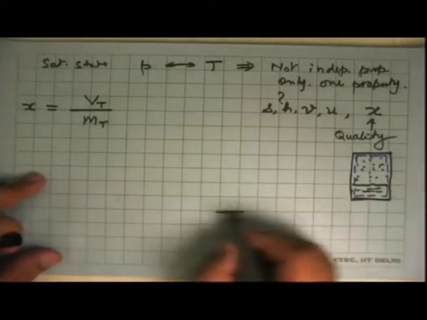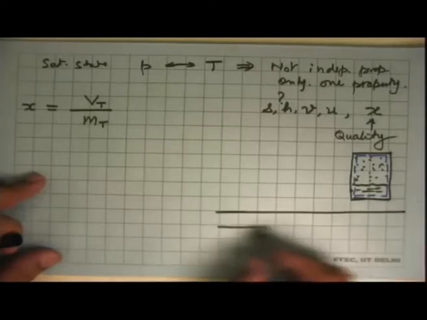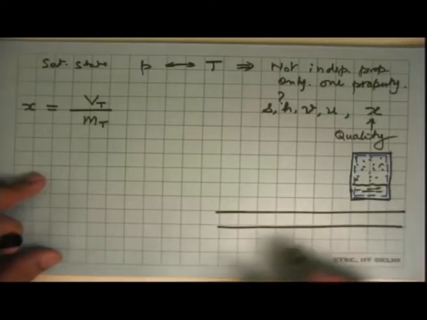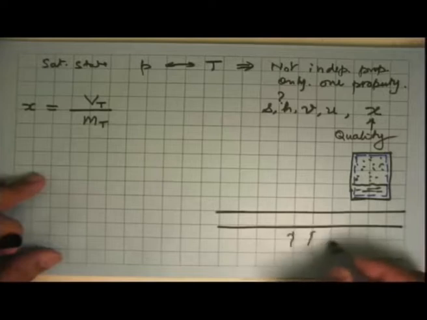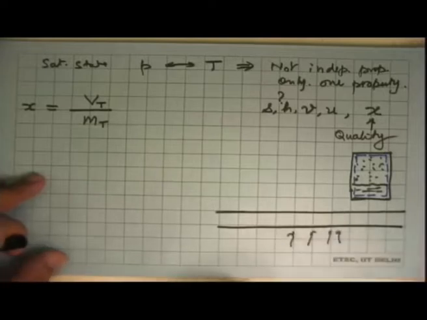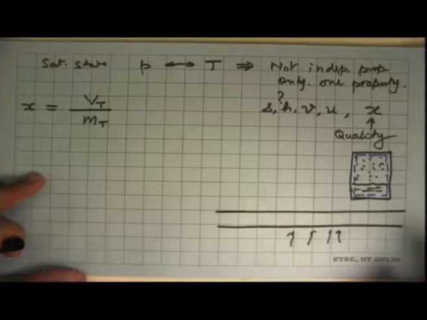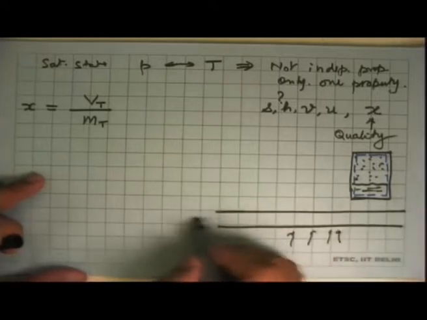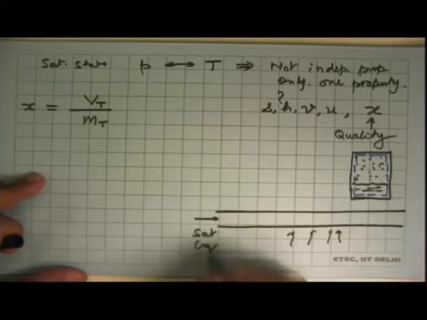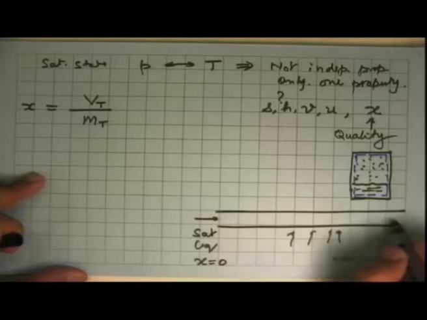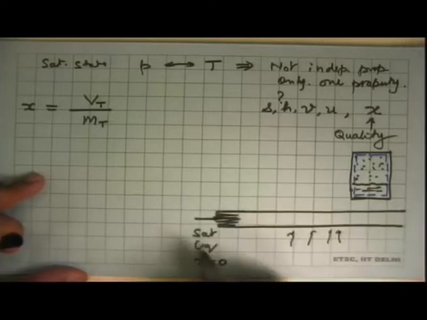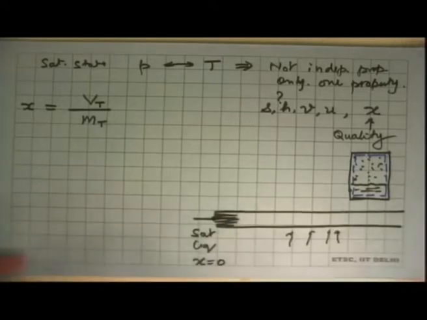Another example is a tube which is being heated, like the evaporator of a refrigerator or evaporator of an air conditioner. And at the entry of this, we say we put saturated liquid. Dryness fraction is 0. And we ask that the liquid was completely occupying the space inside the tube.